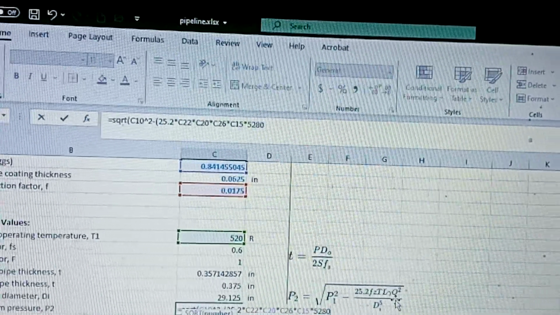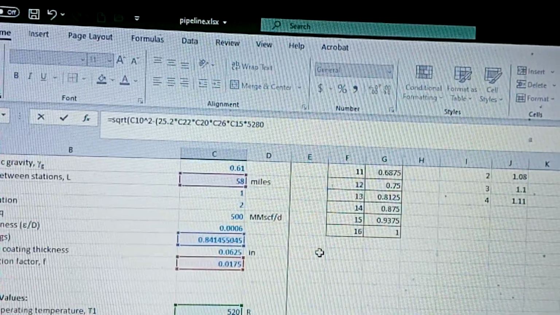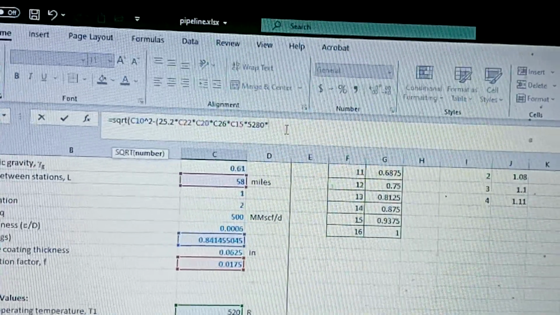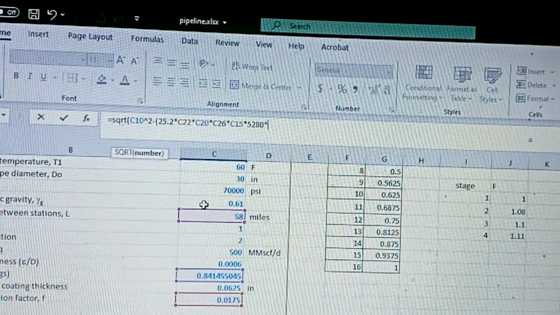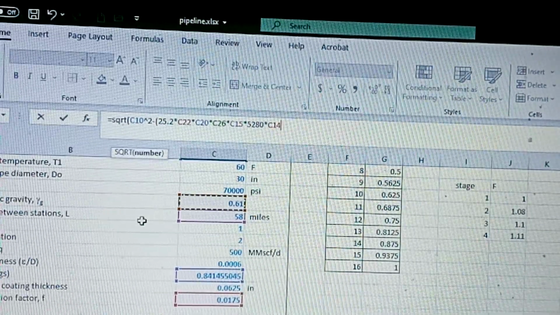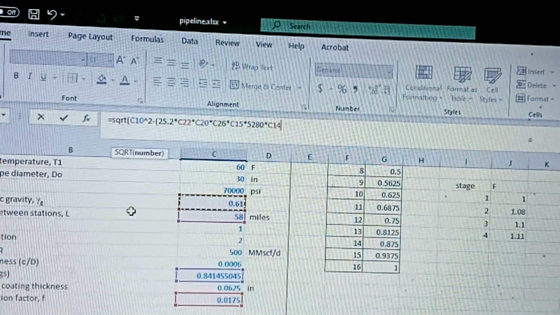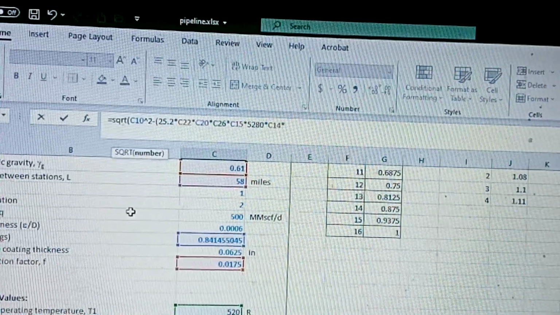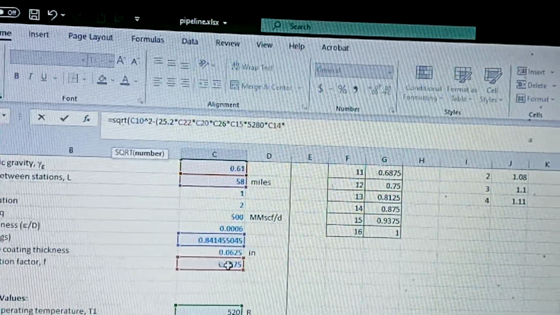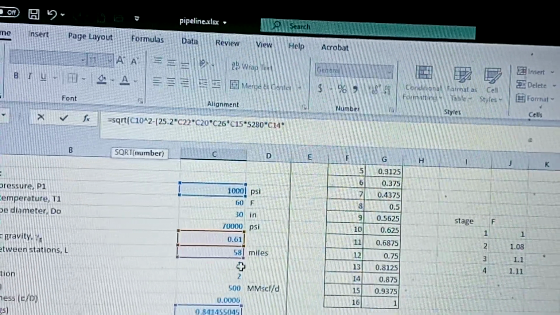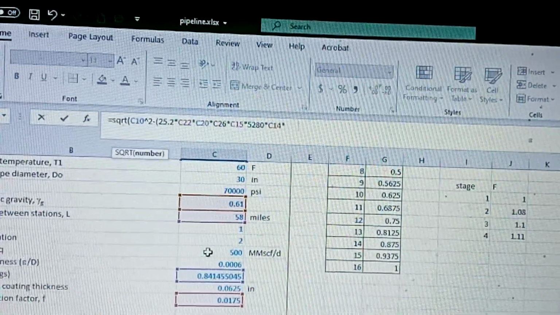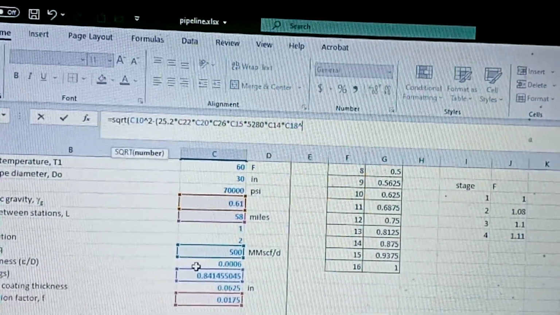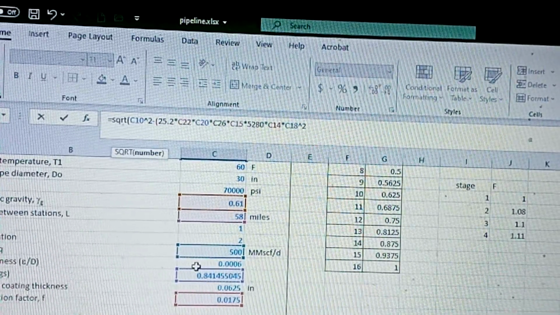Now I multiply by gamma, the specific gravity, which is this. Then multiply by the square of the flow rate in million, which is 500. I click on the flow rate, shift 6 to power 2. Okay.